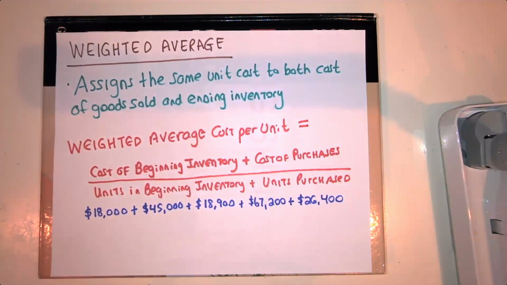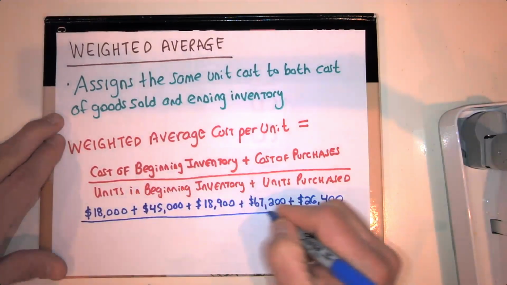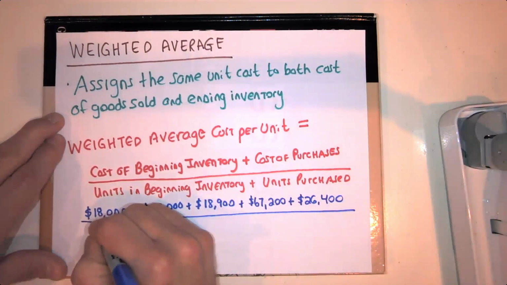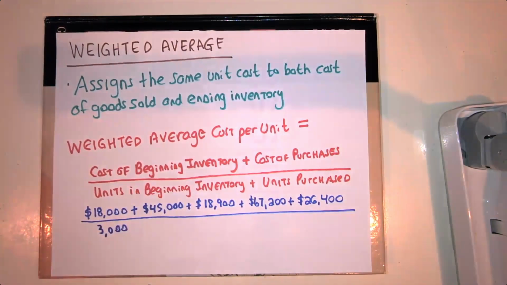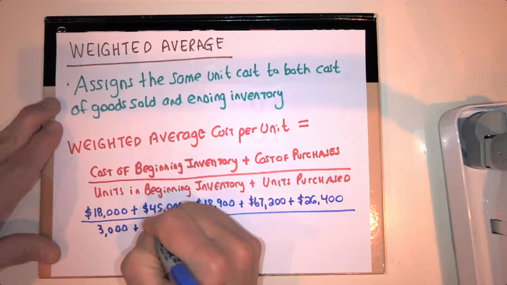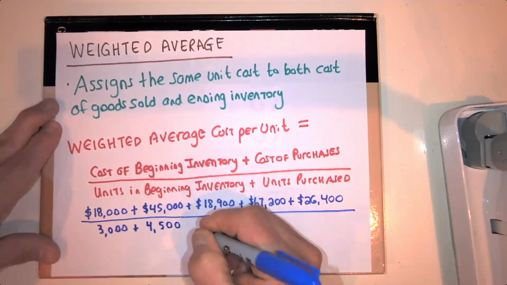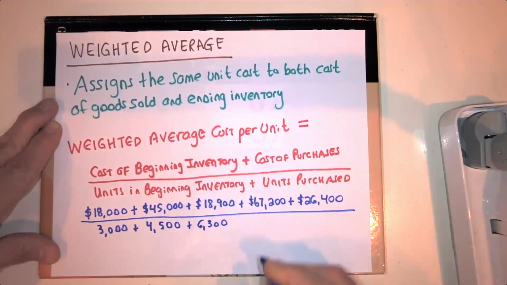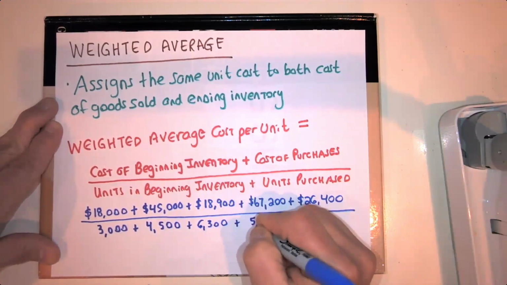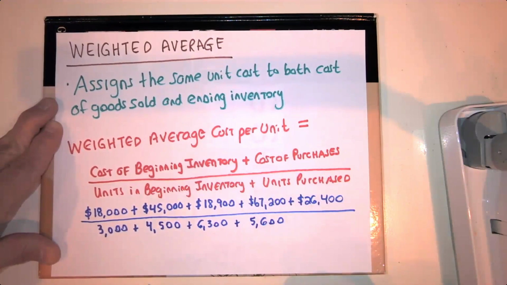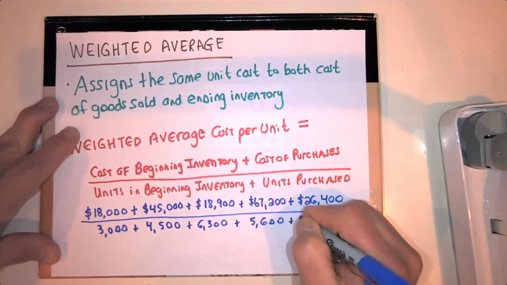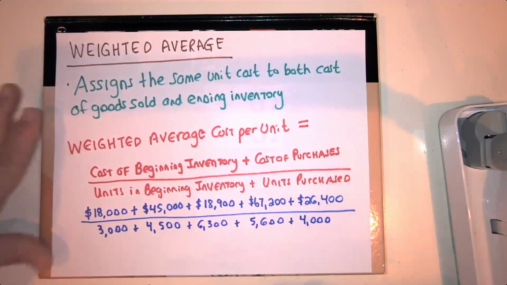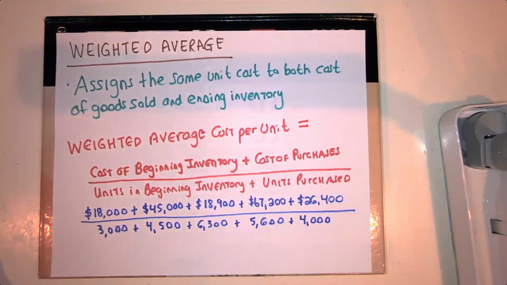We'll divide that by all of the units that we had available. There were 3,000 units in the beginning inventory, plus all of the units we purchased: 4,500 purchased on November 7th, 6,300 on November 14th, 5,600 on November 22nd, and 4,000 units purchased on November 29th.